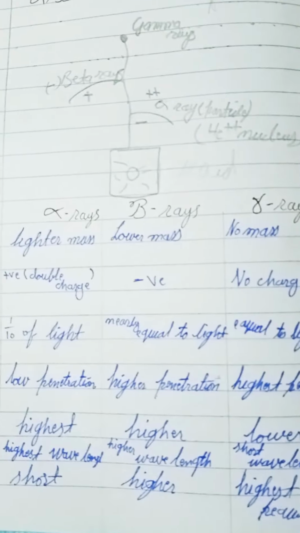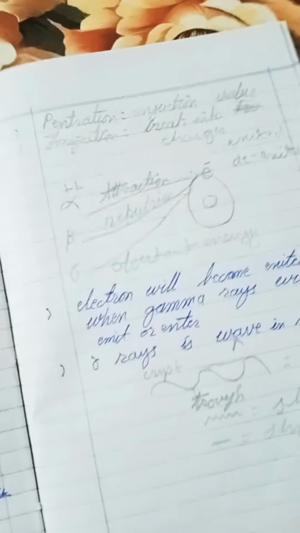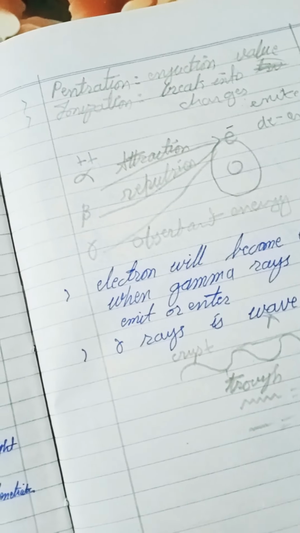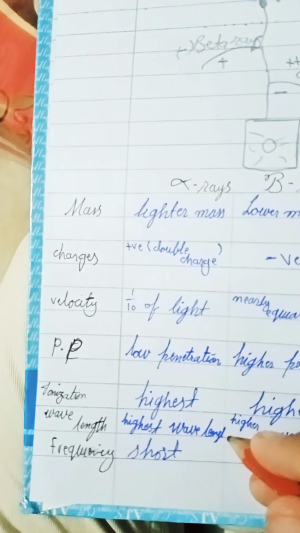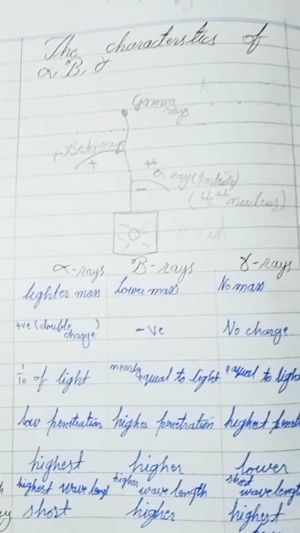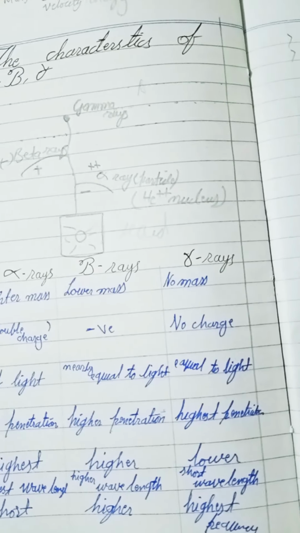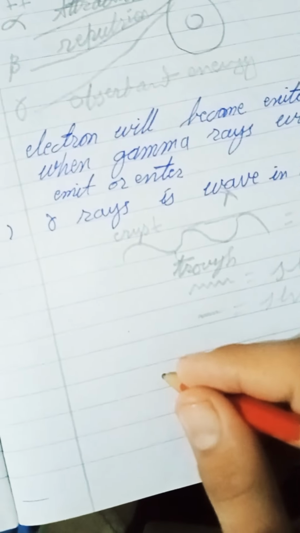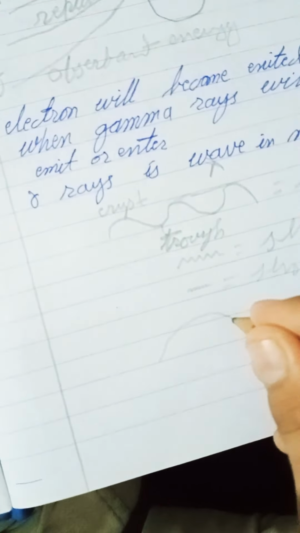We know that whenever energy has a short wavelength, it is because the particles are moving faster. But alpha rays have high mass, and because of high mass the velocity is low, and because the velocity is low it makes a large crest and large trough.